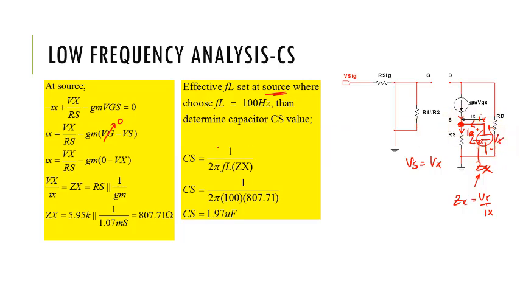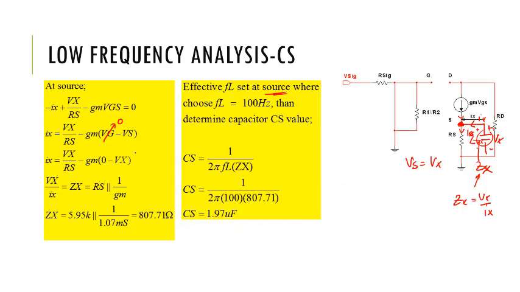So Vx is equal to Vs. We have the negative multiplied with the negative, so we get positive. So the final value is Vx divided by Ix equal to Zx, and we have the Rs parallel with our 1 over Gm here.